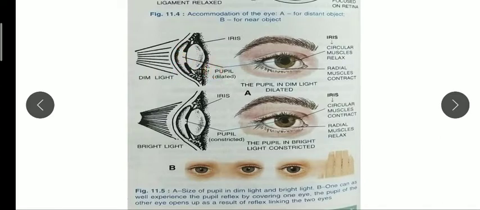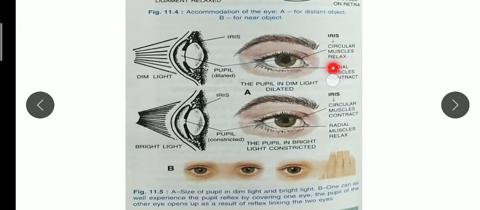Here they are showing this outer part is iris, circular muscles relax and radial muscles contract. So iris is there, pupil is there in the center, so pupil dilates. Here in the black and white picture they are showing the difference between the shape of the pupil also.